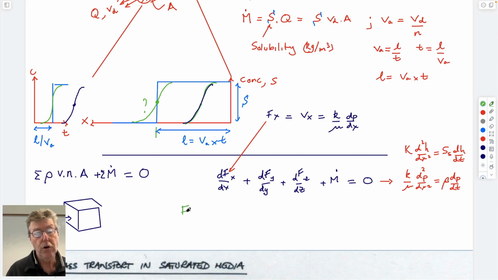What we're going to do now is use that exact same expression, but now we'll do things like writing Fick's law, that diffusion in the x direction is equal to diffusion coefficient times concentration gradient.